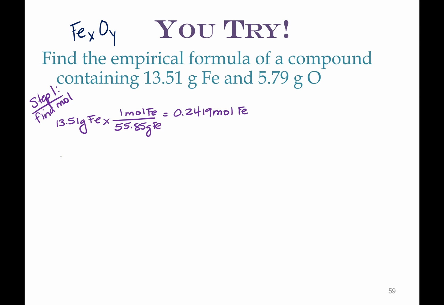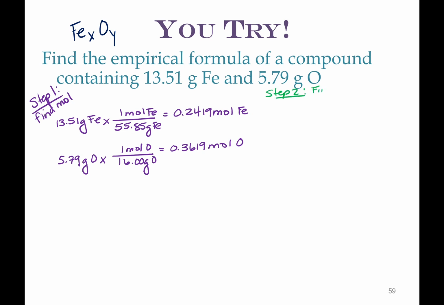Then we have 5.79 grams of oxygen. Each oxygen has a mass of 16 for 1 mole, or 0.3619 moles of oxygen.